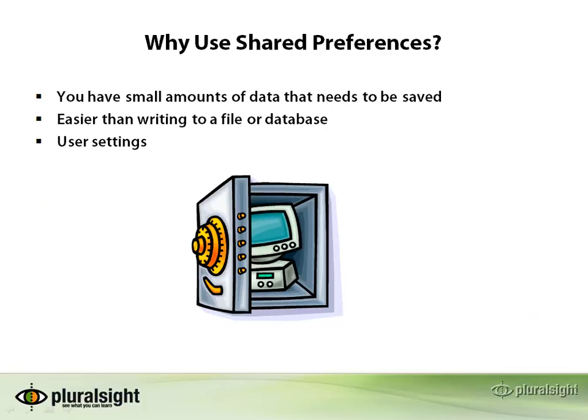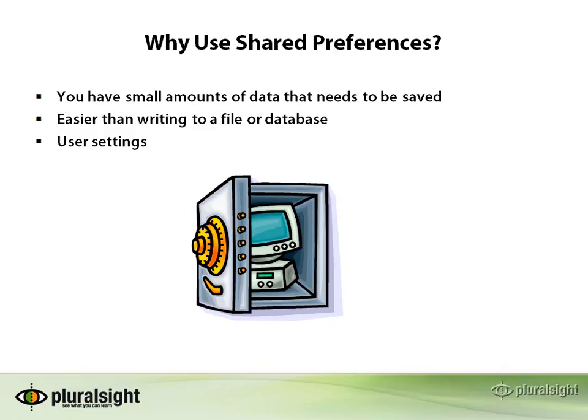So why would we use shared preferences? Well, we have a couple other options available to us for saving data, but shared preferences are something that we're going to use in some specific cases that make sense for that particular purpose. One of those particular cases is when we have a small amount of data and we need to save that data, and we need that data to be available between invocations of an application or an activity. Really, shared preferences lend themselves best to small amounts of data.